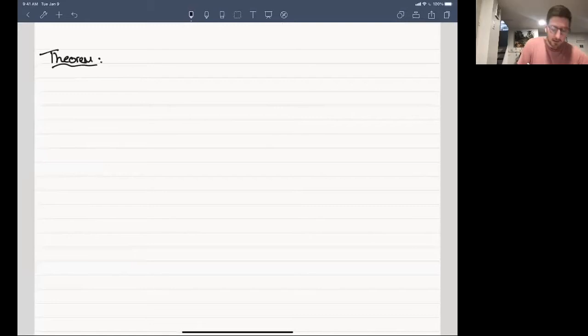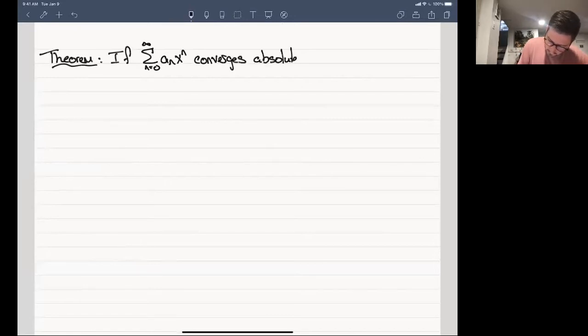Let's say the sum, my power series, a_n x to the n, converges absolutely. Again, we always need that absolute convergence for this to make sense. For absolute value of x less than r. And f is a continuous function.